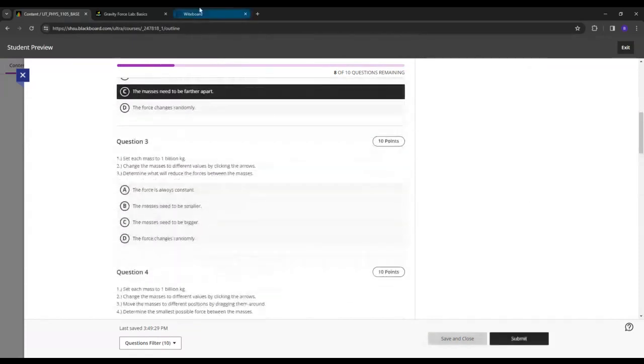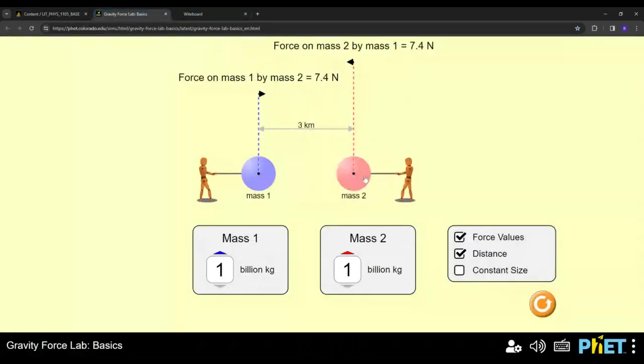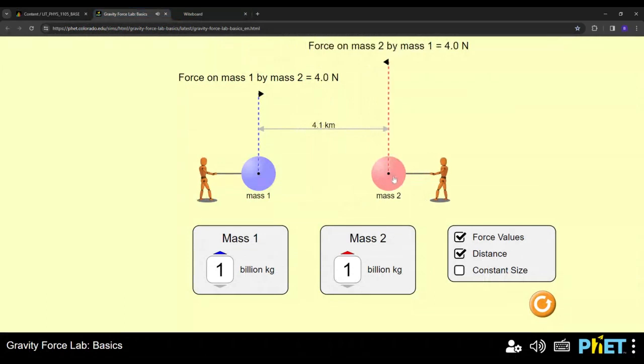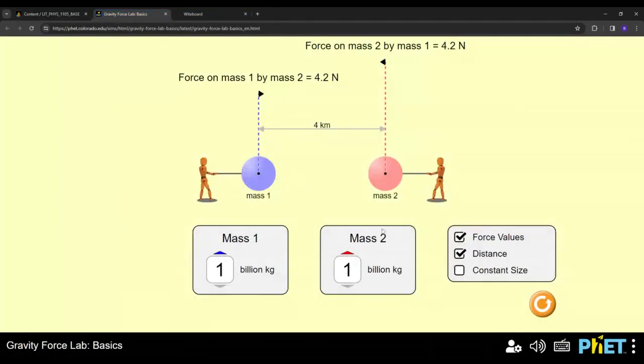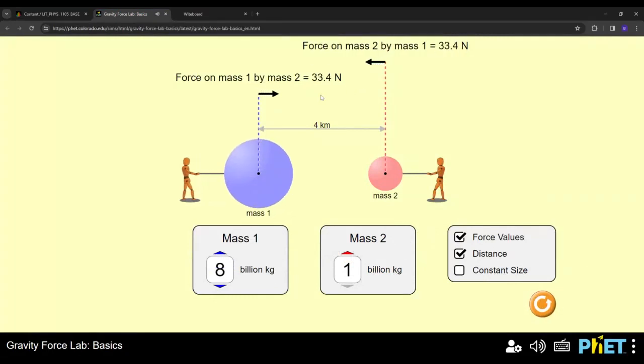Okay, so now same sort of thing. Let's set them a consistent distance apart, something like this. And we're going to adjust the masses. So change the masses, and we want to reduce the force. We want to get a smaller answer. So if you look, these are both minimized right now at 1 billion and 1 billion. If I start bringing this one up, then notice that I've got a lot bigger force now.